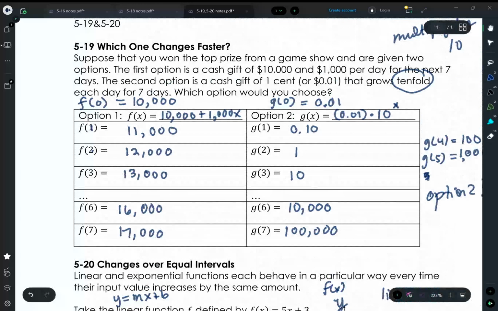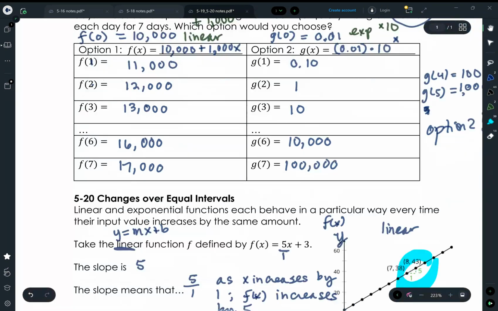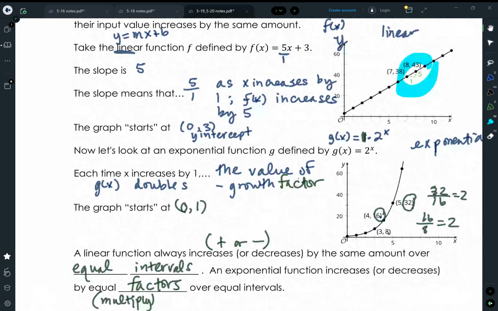Can you identify when you've got linear and when you've got exponential? So remember in this first one, they didn't tell which was which. We had to recognize that the first one was linear because we were adding 10,000 or adding 1,000 each day, and the second was exponential because we were multiplying by 10 each day. So that's how we figured that out. And just this idea that we can look at the graphs and we can compare what a slope is and what a growth factor is.